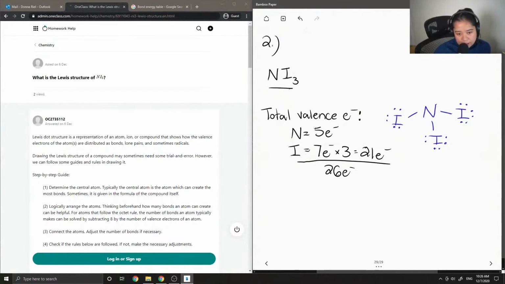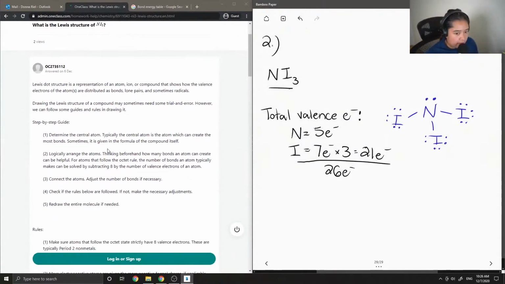So each of the iodines has 6 lone pairs, so 8 times 3, I have 24 drawn so far. And the remaining 2 I can draw as a lone pair on our nitrogen. Okay, so that gives us 26 valence electrons. Nitrogen has a full octet, so I can say that this is the Lewis structure for NI3.